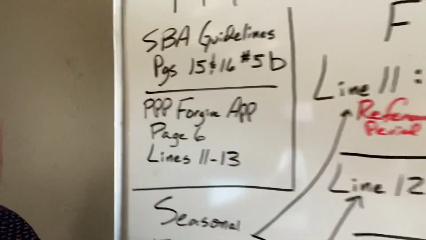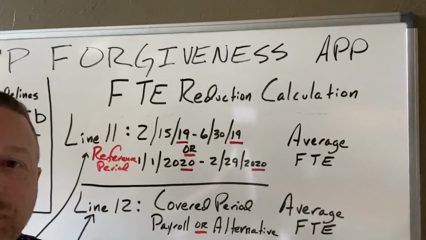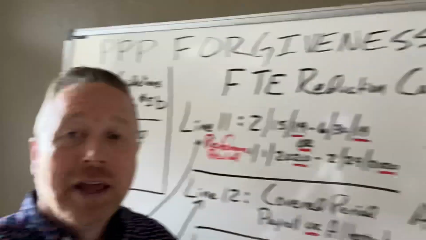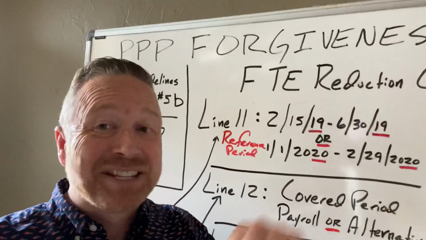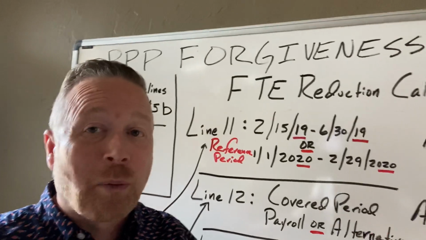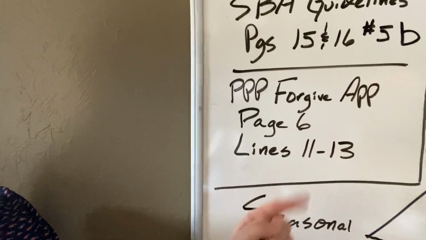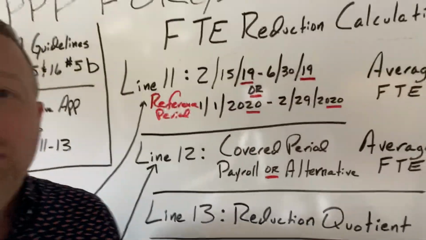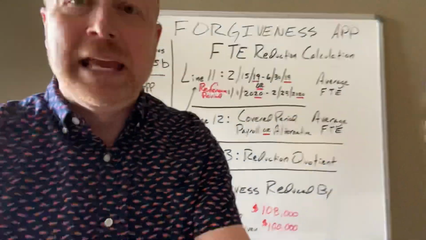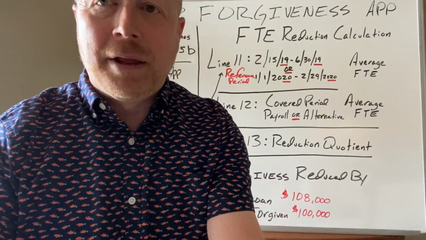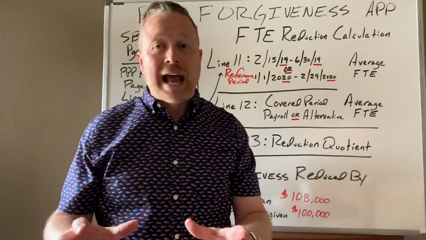And that section is the FTE reduction calculation, because there's other line 11s in this forgiveness app. You gotta make sure you're on the right part of the forgiveness app. So you need to be on page 6. We're looking at lines 11 through 13, which is the FTE reduction calculation. And this is all coming from the guidelines.